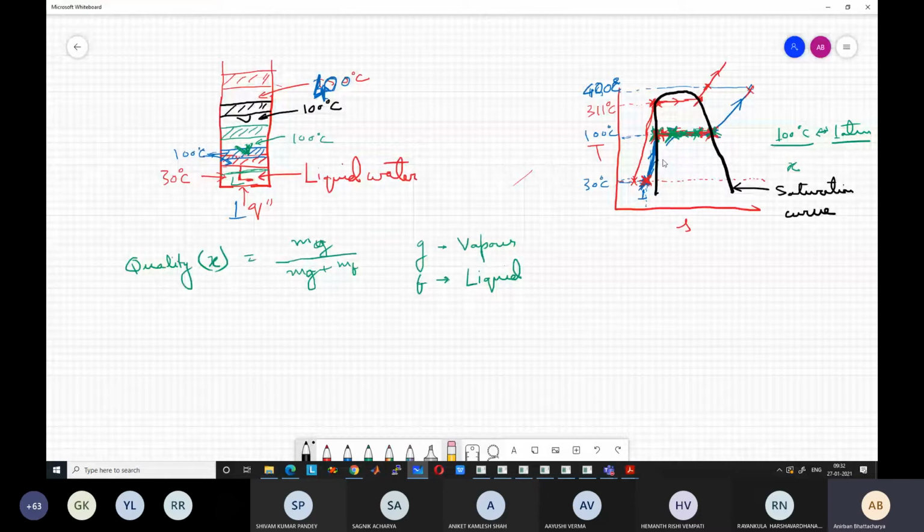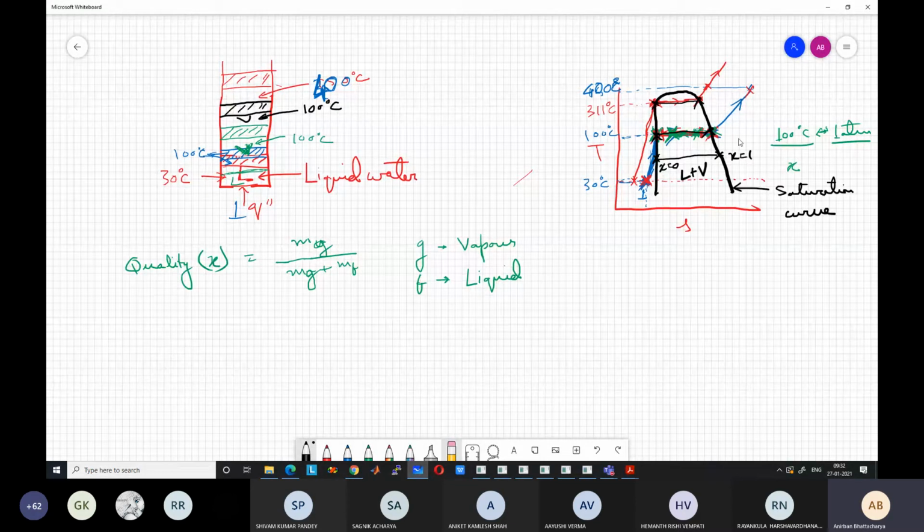All these lines are constant pressure and constant temperature lines. On the left hand side of the saturation curve, the quality is 0, x is equal to 0. On the right hand side of the saturation curve, the quality is 1. In between you have a mixture of liquid and vapor. On the right hand side, outside the curve, you have vapor, and on the left hand side, you have liquid.